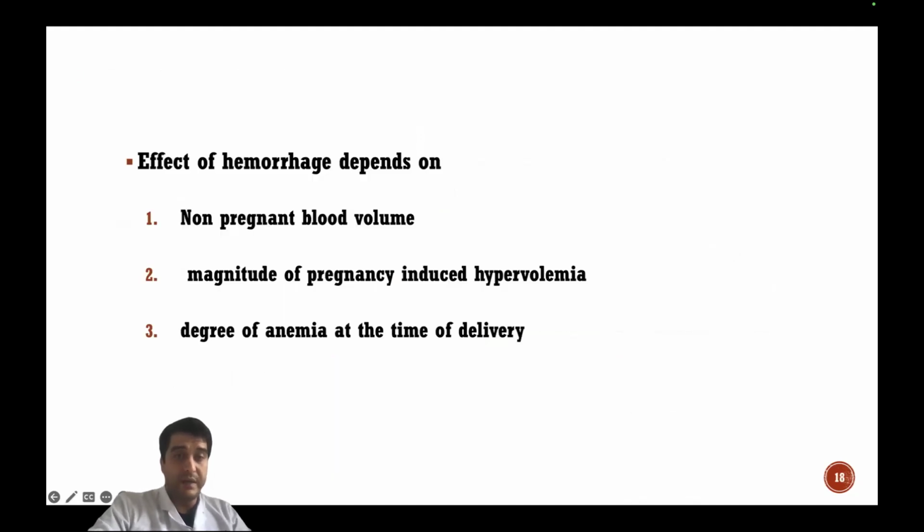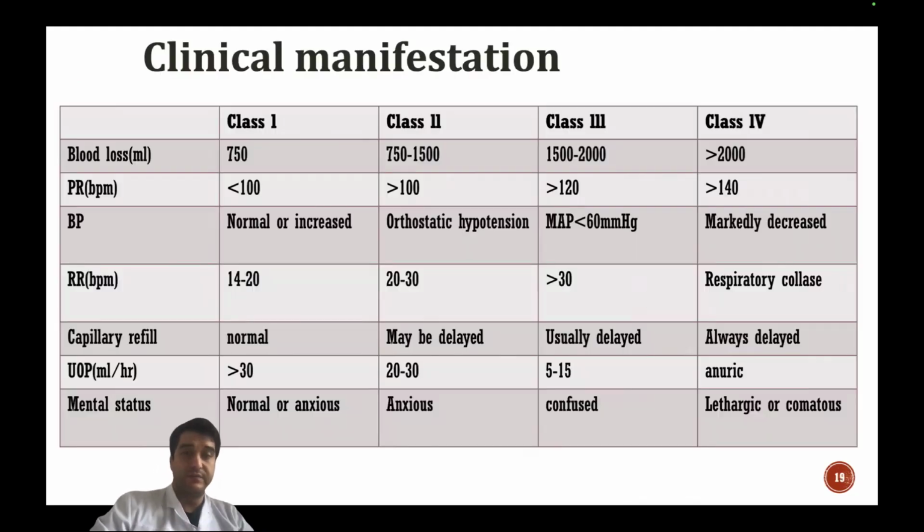The effect of hemorrhage depends on non-pregnant blood volume, magnitude of pregnancy-induced hypervolemia, and degree of anemia at the time of delivery. With classes of blood loss, the first class is less than 750 milliliters.